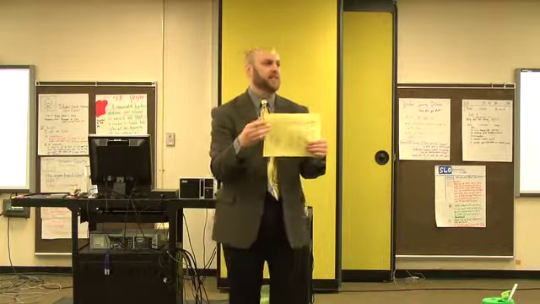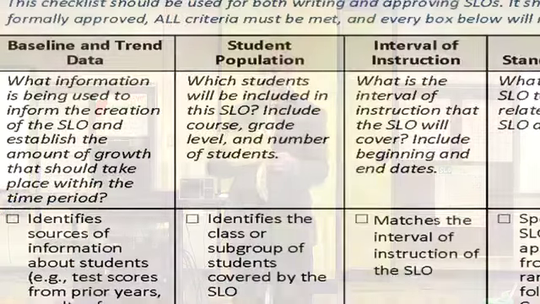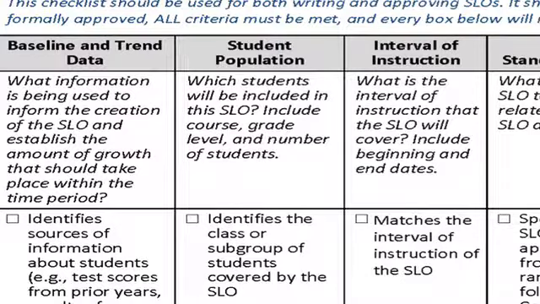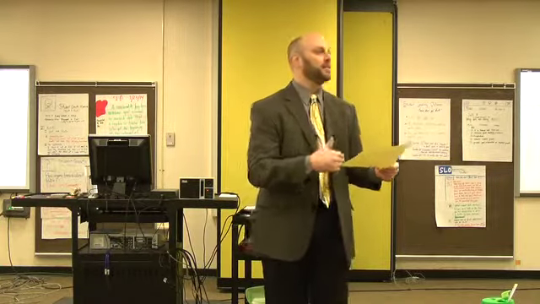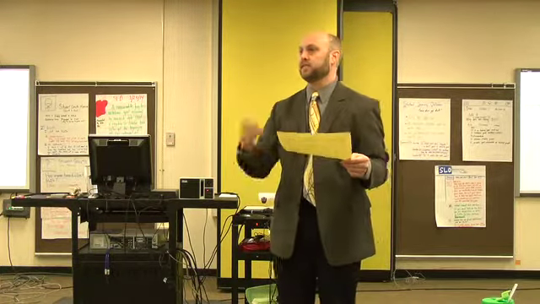The second row is basically a descriptor of what that component is. So if you look under student population and ask, what do I put in the SLO for student population? It describes it there: which students will be included in this SLO, include course, grade level, and number of students. That's what you would include. So how does anyone know if an SLO is written correctly?